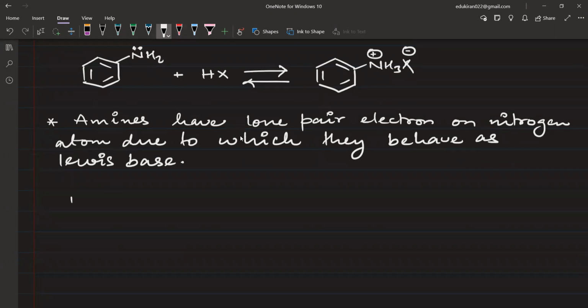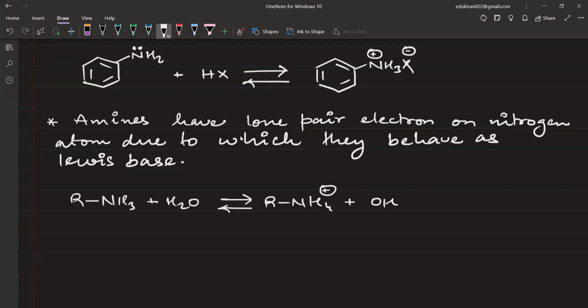For that, first of all write RNH2. If I add water to this, then you will be getting RNH3 positive plus OH negative. Now if I write the K equilibrium for this, this will be equal to concentration of products upon concentration of reactants.